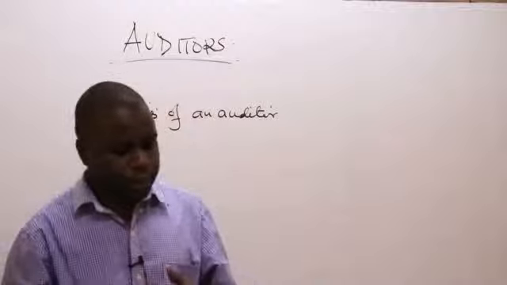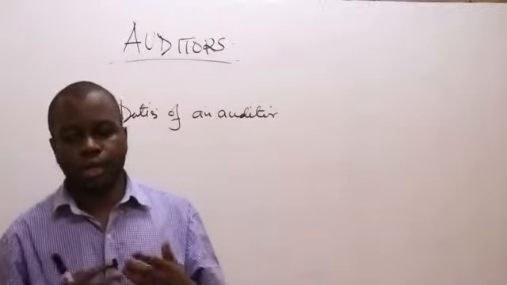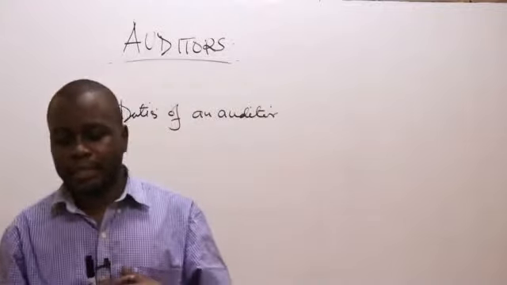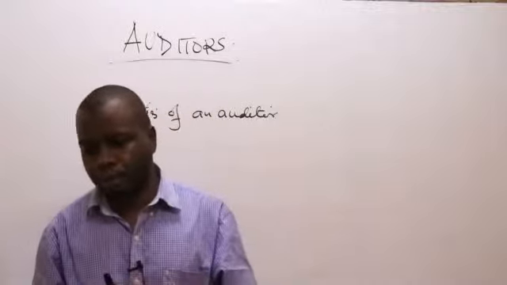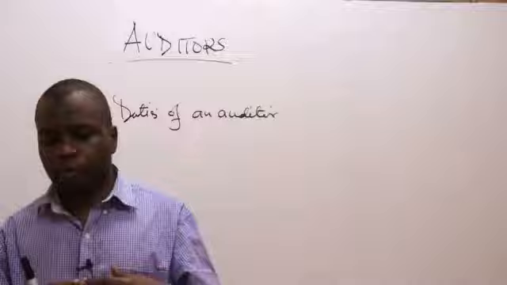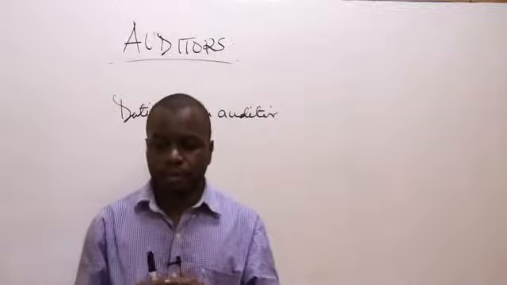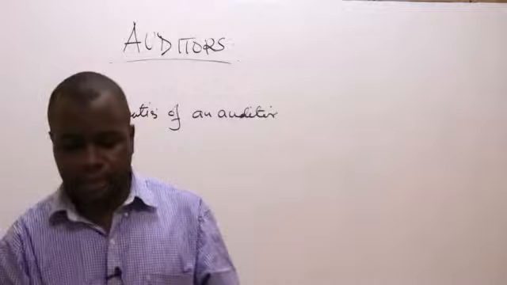Then number three, which is very key, is to carry out his work with honesty and ensure that he's doing it with reasonable care and skill expected of a person of his profession, or of a person of his capacity while he's carrying out work as an auditor of any company.